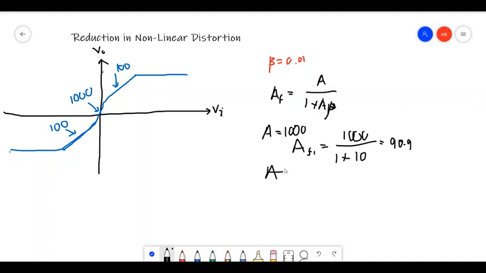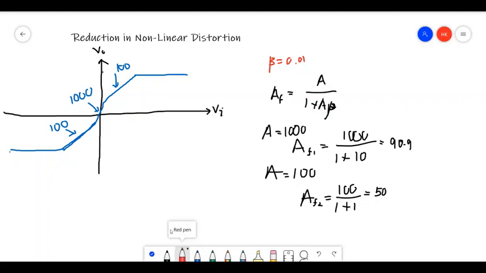Similarly, we can calculate the value when A is 100: 100 divided by 1 plus 1, so the answer will be 50. So in these two ranges the new gain will be 50, and in this range it will be 90.9.